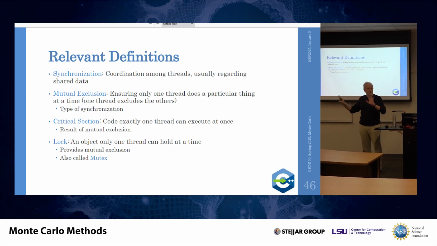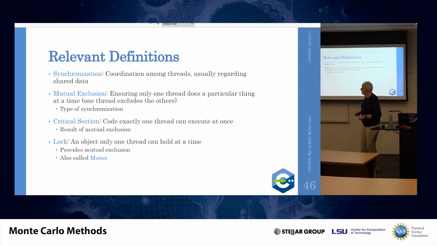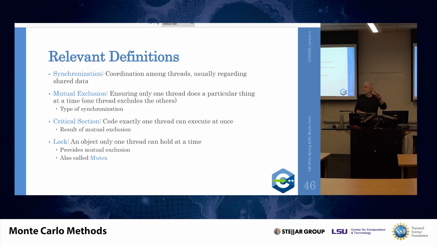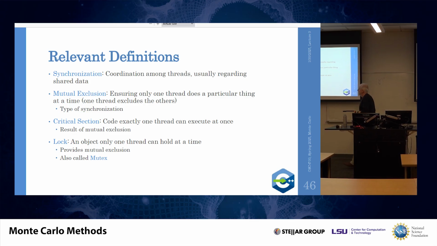So they are mutually excluded, right? Either this or that. Critical section is a piece of code that is guaranteed to be executed by one thread only at the time. Okay? Only one thread can do that by whatever means, and I will explain those means.